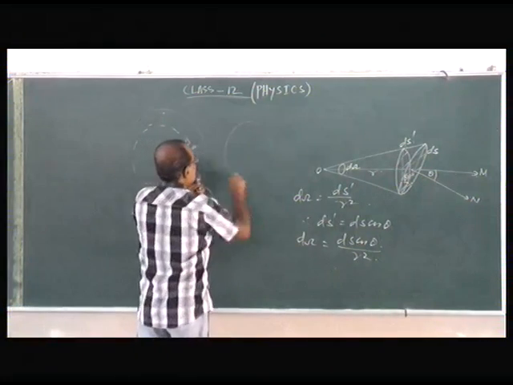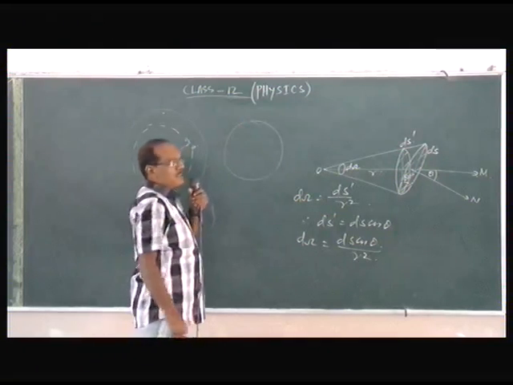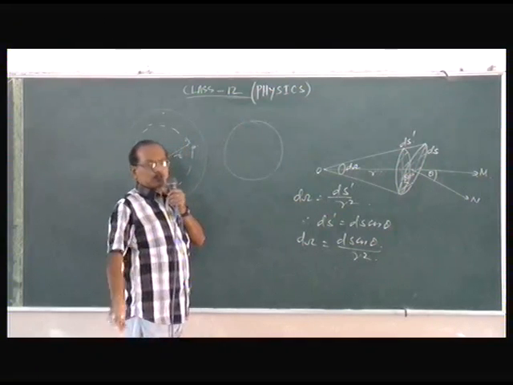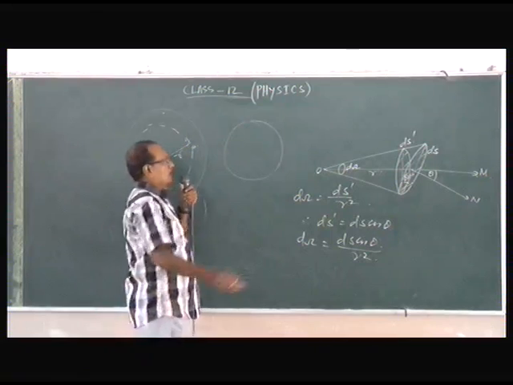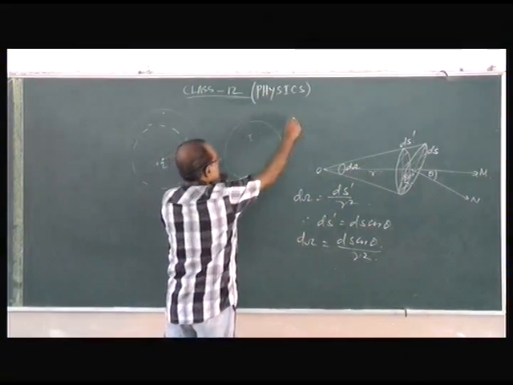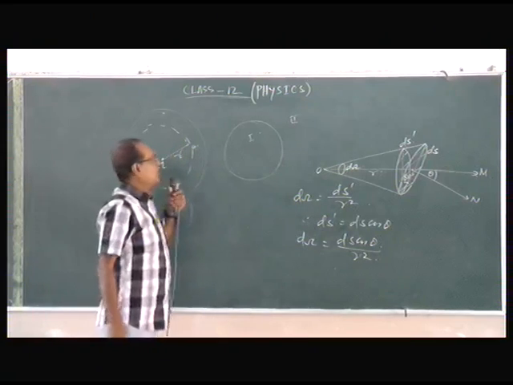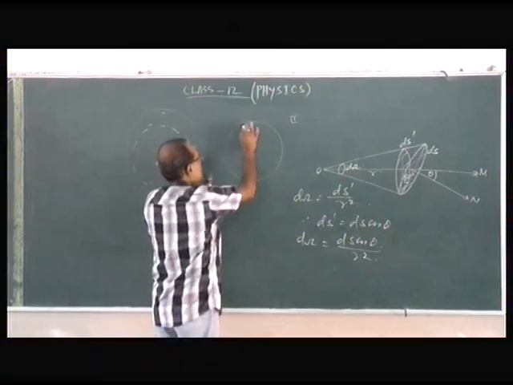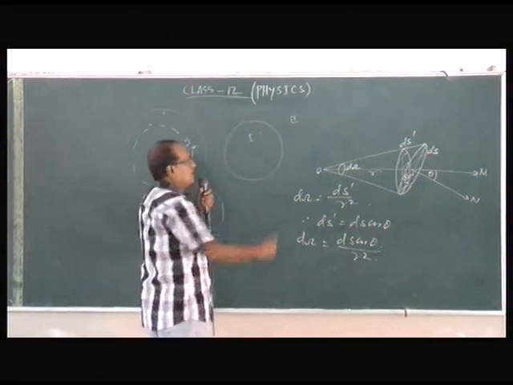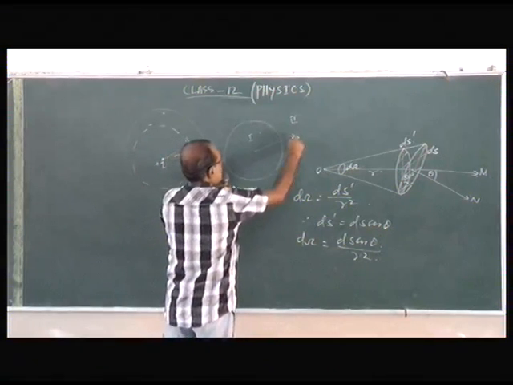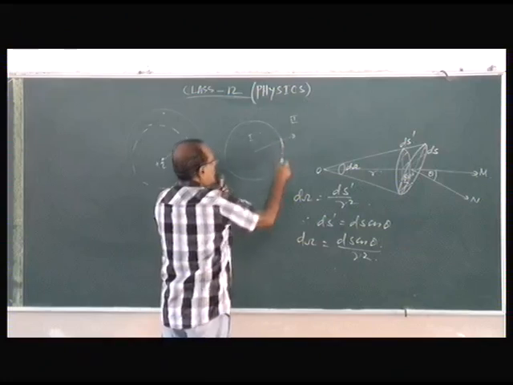So a closed surface will divide space into two regions. This is the inner region, this one is the outer region. So if one wants to move from one region to another region, from inner to outer, it must cross the what?